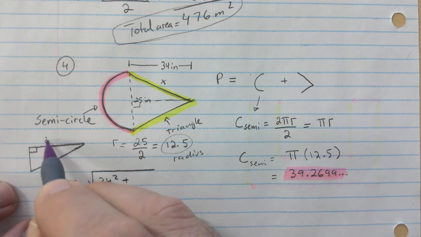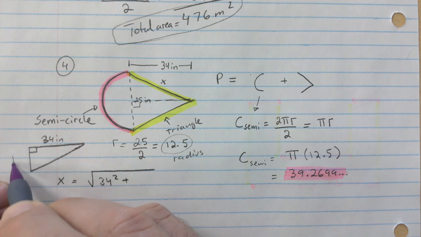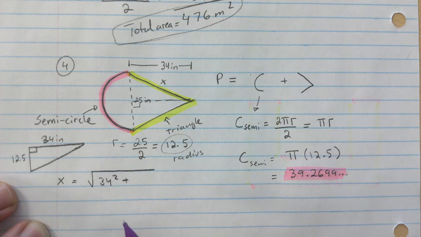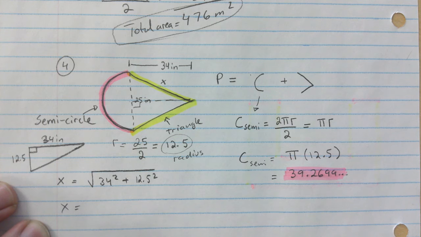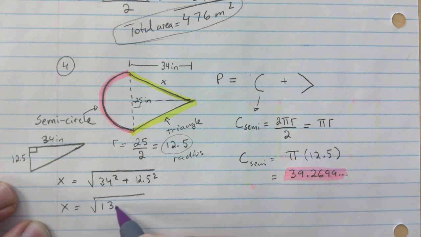We know this is 34, and this is 12.5. Okay, so 12.5 squared. Square root of 1312.25. Square root that.